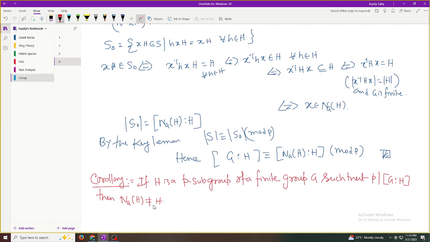Because if N_G(H) equals H, then N_G(H) colon H is 1 and P divides G colon H. So this contradicts the equation G colon H congruent to N_G(H) colon H modulo P.